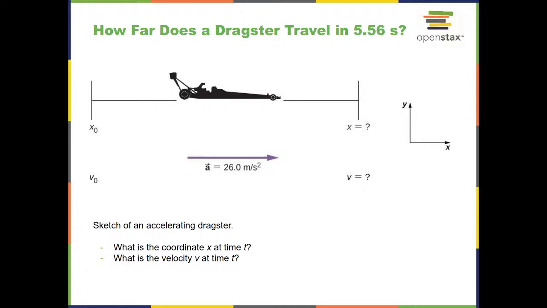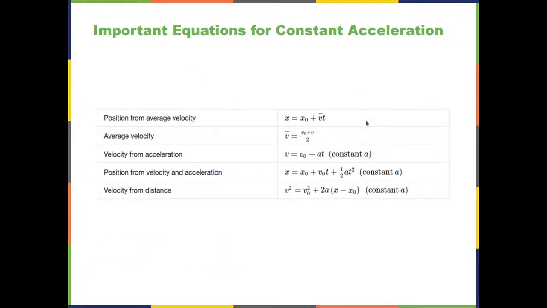So we know the acceleration, we know the time, we know the initial position. We'll just set this to 0. We start at the origin, at the start line, and the initial velocity is 0. So how do we get to x? Which of the formulas here would we want to use for this?